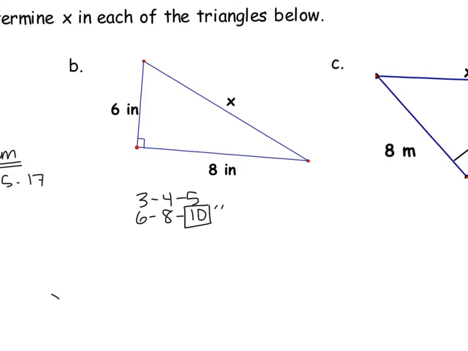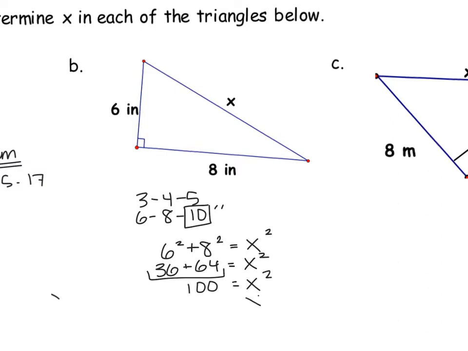Or if you didn't remember that triple or forgot about the scaling up, you can always do 6 squared plus 8 squared for your two legs equals your hypotenuse squared, or x squared. 6 squared is 36, 8 squared is 64. Combining those two together, I get 100, which gives me principal or positive square root of 100 is 10, which is the same thing I got when I used the triples.